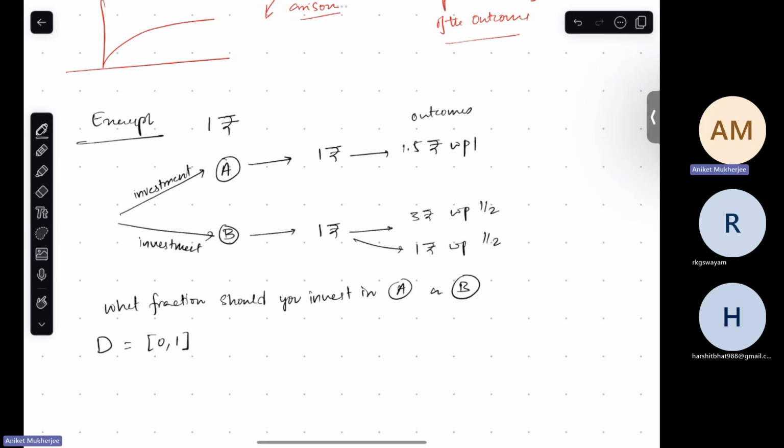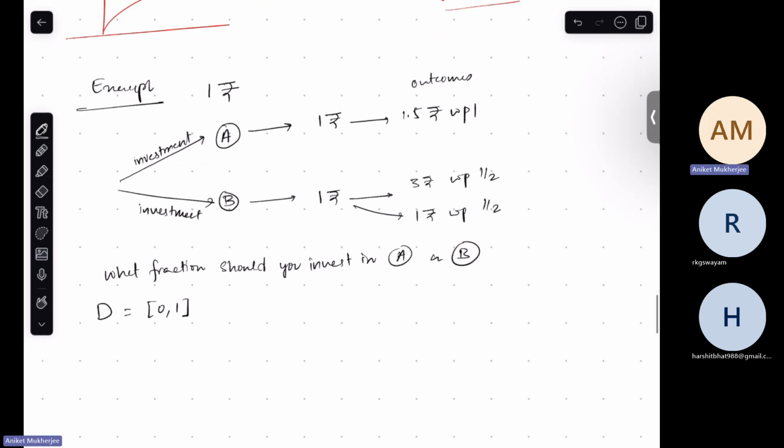Because suppose your decision is 0, that means you're not investing anything in A, you're investing everything in B. If your decision is 1, you are investing everything in A, nothing in B. If your decision is somewhere in the middle, you're investing small d in A, and 1 minus d in B. I hope that is clear.